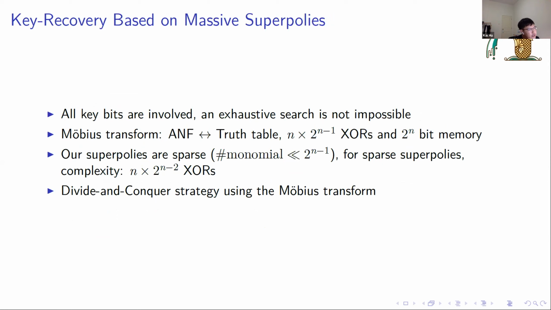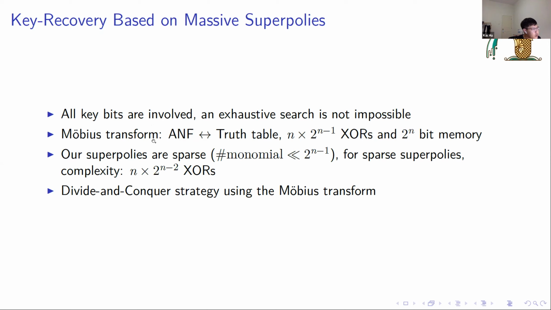With the recovered superpolies, we can do the key recovery attack. However, because our superpolies are very complicated and involve all the key bits, the simple exhaustive method cannot work anymore, because the complexity will surpass 2^n.